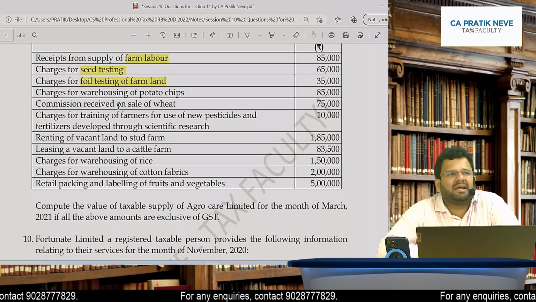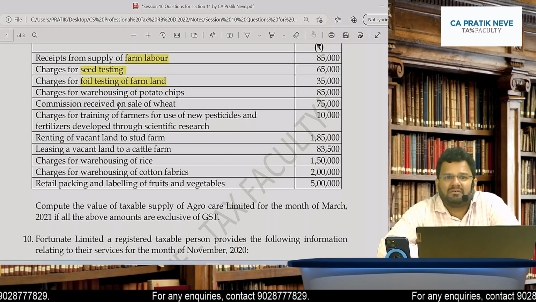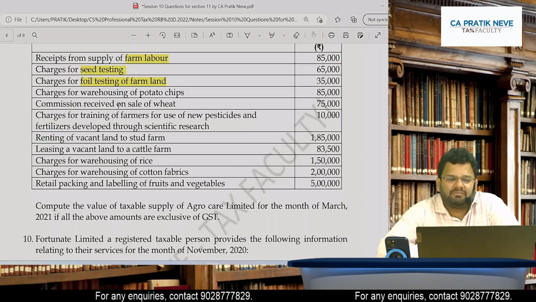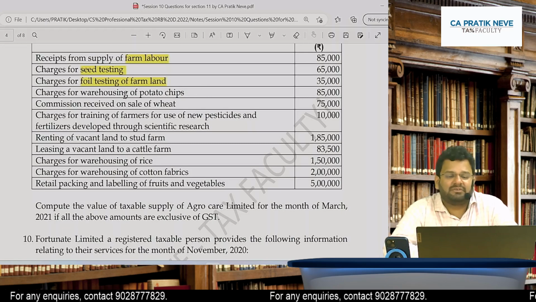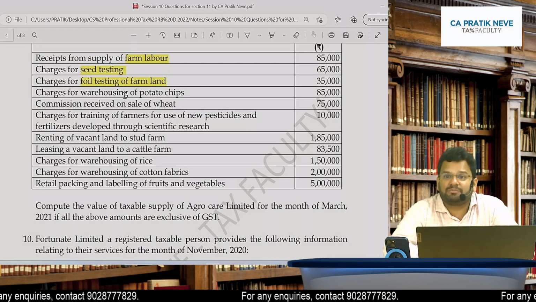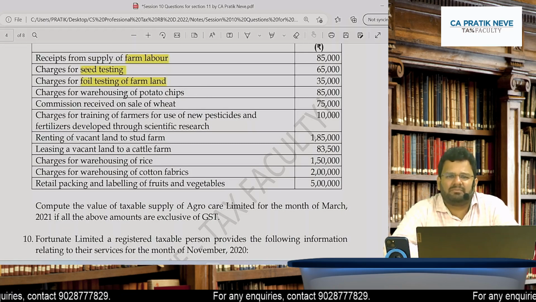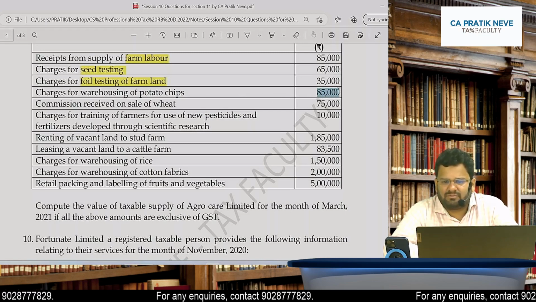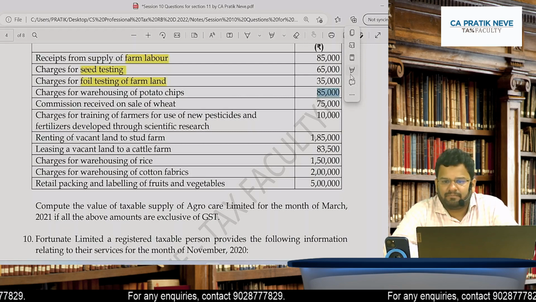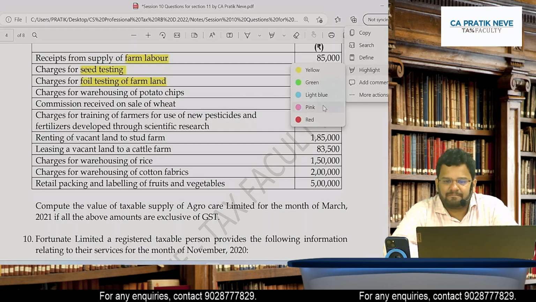But a company like Pepsi, which is manufacturing Lays, that becomes potato chips. To them you will give such services of warehousing of potato chips. So why should it be exempt? It's not exempt. It is taxable. Yes, processed. Very good. It is taxable.